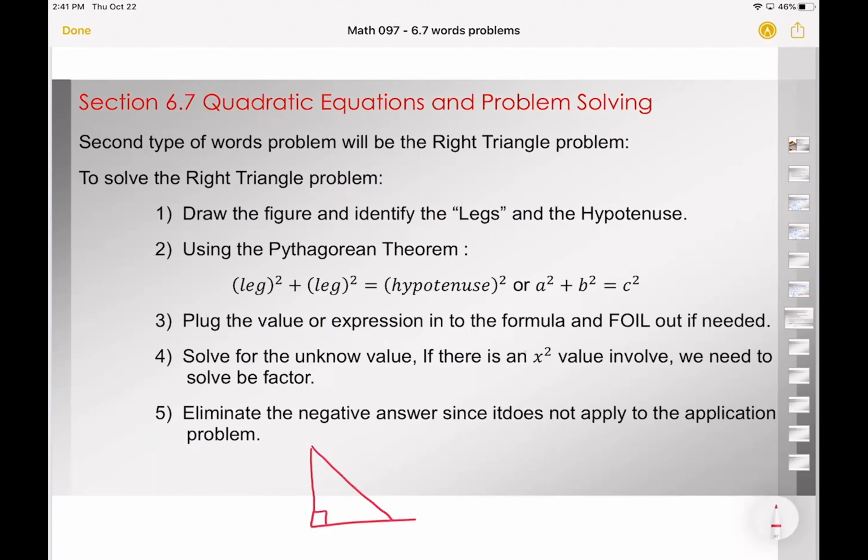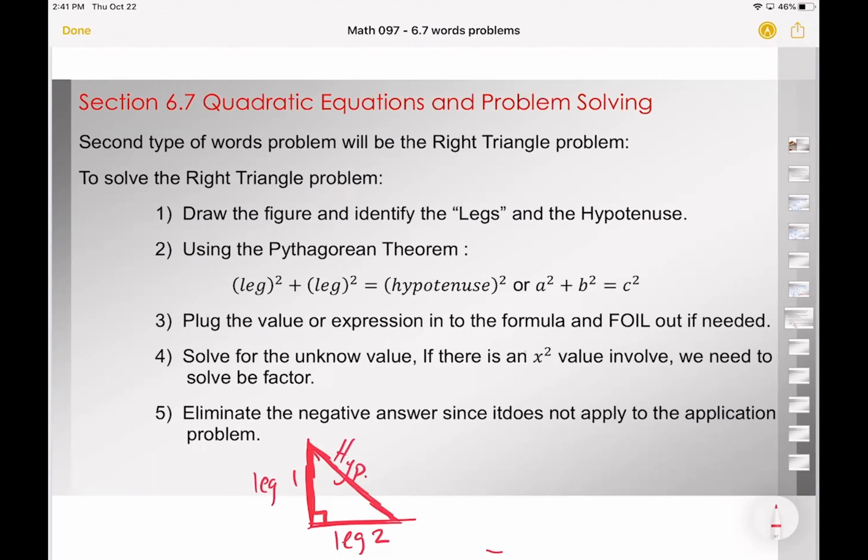Imagine a straight line; your right triangle has a 90-degree angle right here, and this is your leg 1 and this is your leg 2. The vertical item and the horizontal item are the 2 legs, and the diagonal line is your hypotenuse.